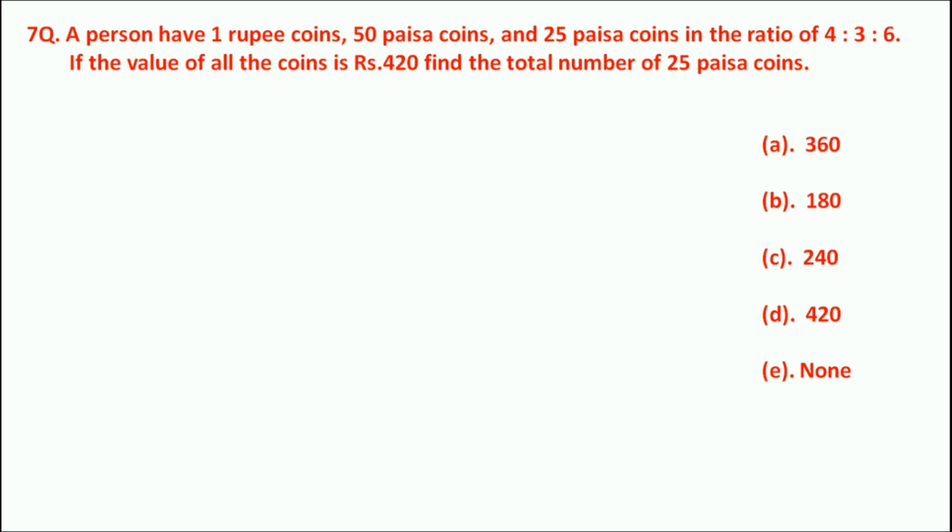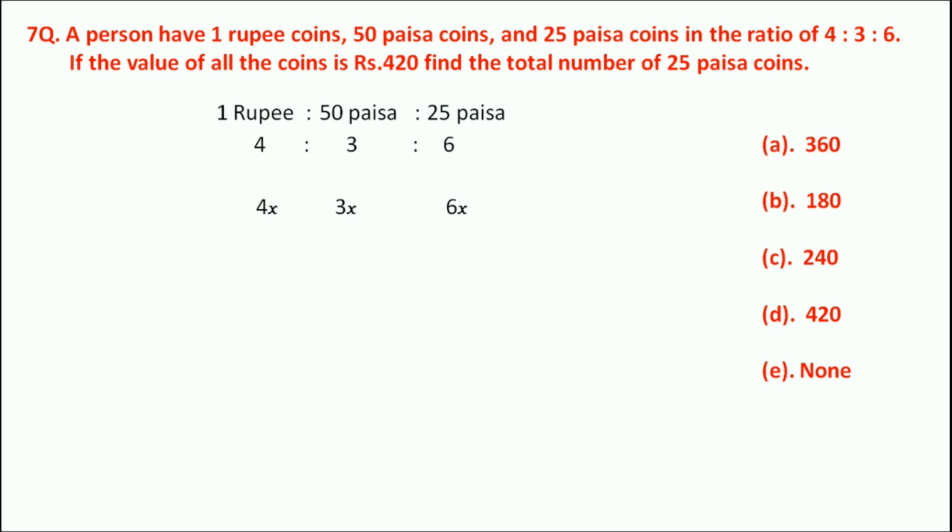Here in the problem it is given that the coins are in the ratio of 4 is to 3 is to 6, and the value of all coins is 420. By the above ratio, let us assume there are 4x 1 rupee coins, 3x 50 paisa coins, and 6x 25 paisa coins. Now convert 50 paisa and 25 paisa coins values to rupee format.